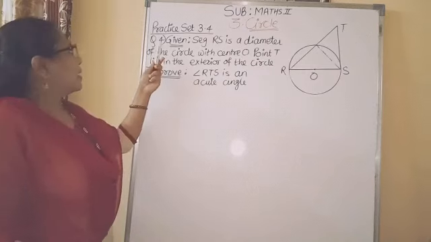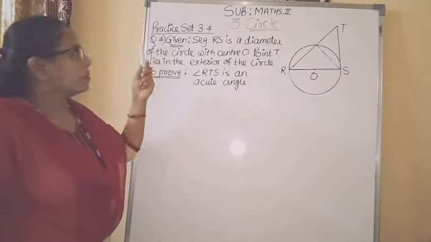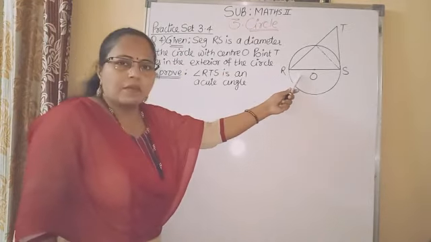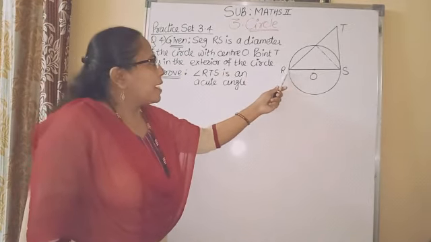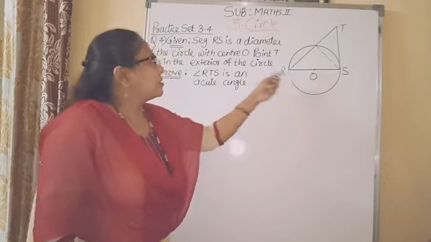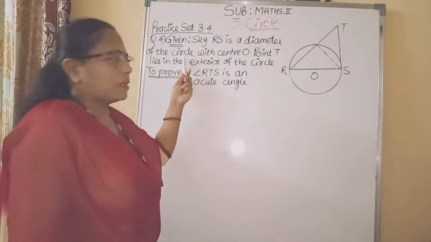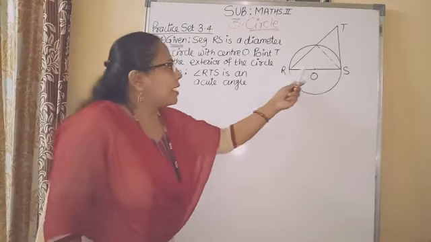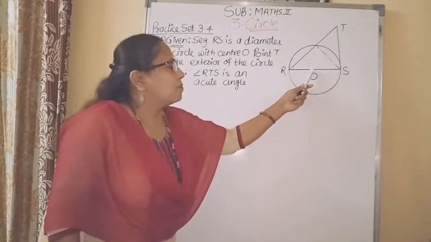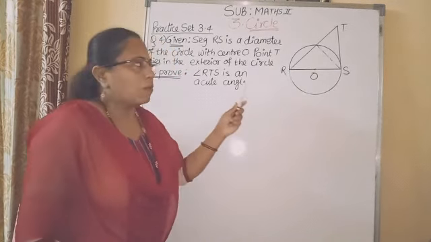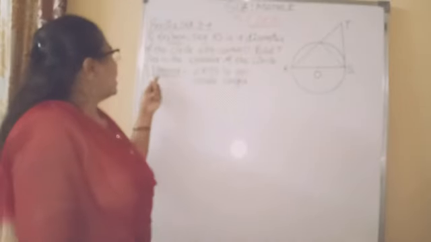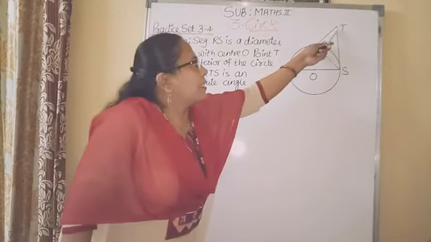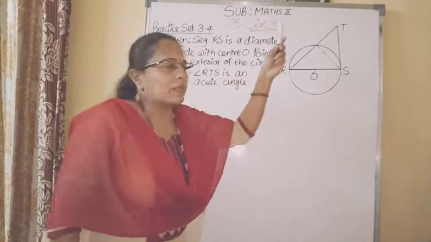Followed? Next, question number 4. Given part is, in this figure, segment RS is a diameter of the circle with center O. Point T lies in the exterior of the circle.